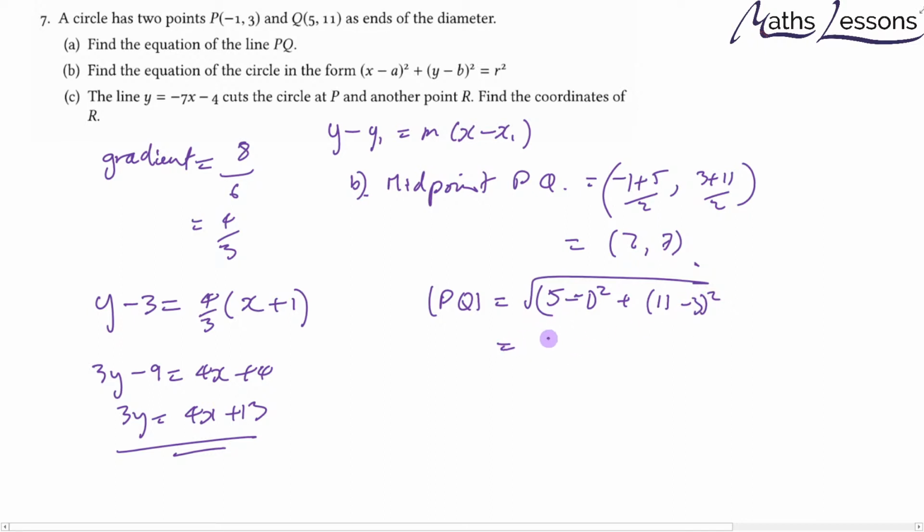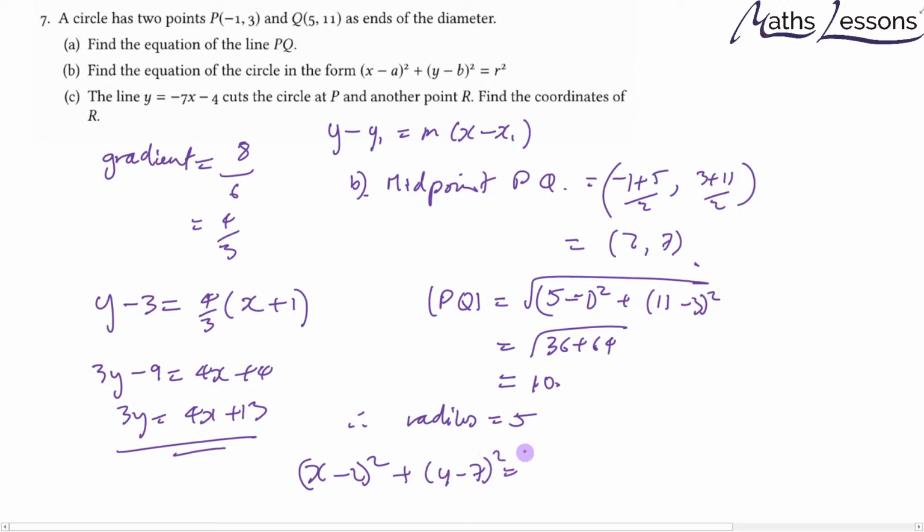That is equal to the square root of 36 plus 64, which comes out to be 10. So therefore the radius equals 5. This means that my circle, the centre is going to be (2, 7). You should know that the form of a circle is x minus the x coordinate of the centre, squared, plus y minus the y coordinate of the centre, squared, equals the radius squared, so equals 5 squared.